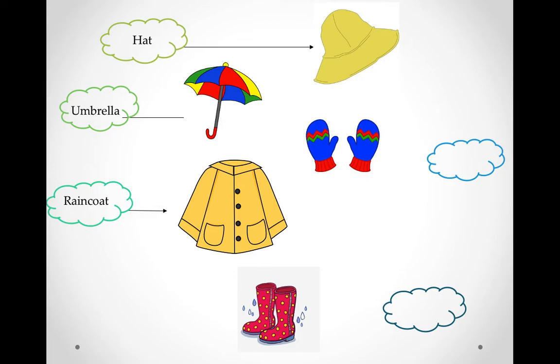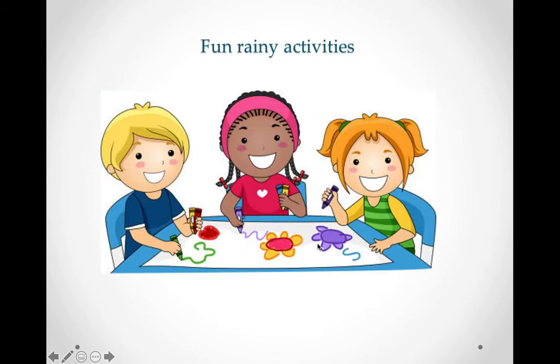Now remember, a raincoat is a little different from other coats because when the water hits it, it doesn't get wet. It just slides off. Don't forget your gloves so you don't get cold. And your rain boots. Now these boots are different from the boots that you wear when it is snowing because they do not get wet.